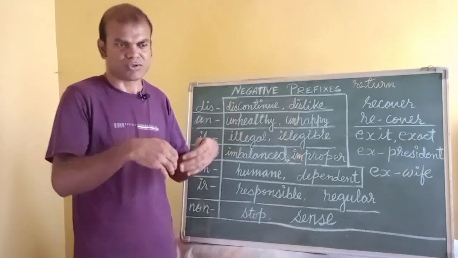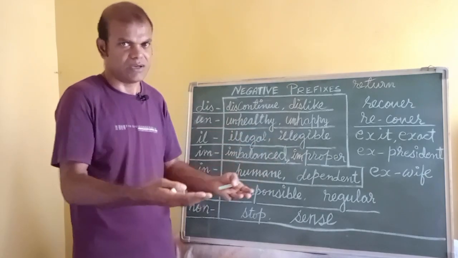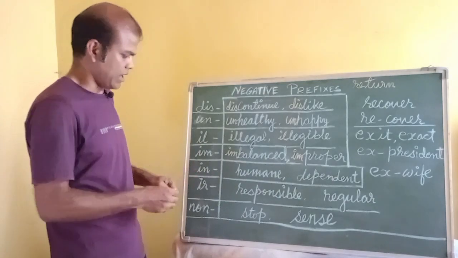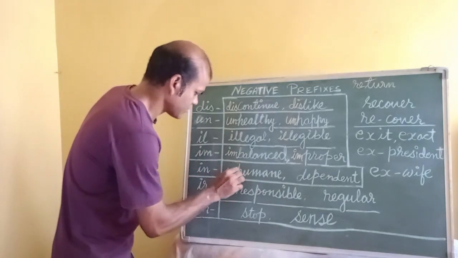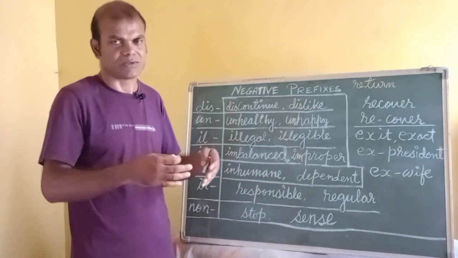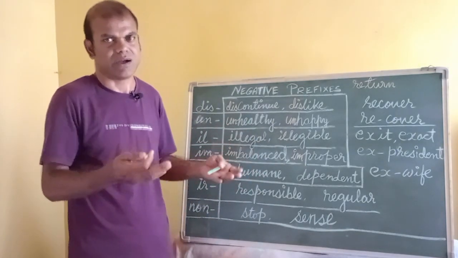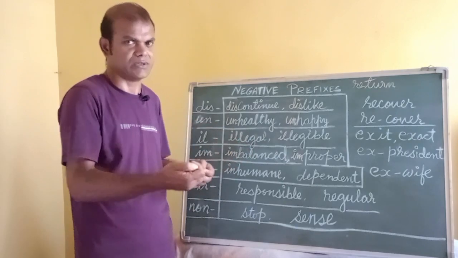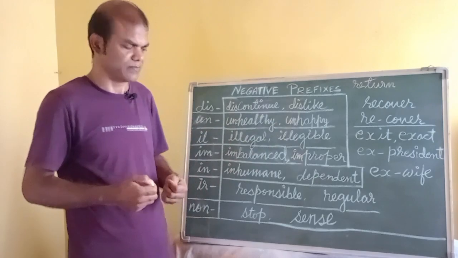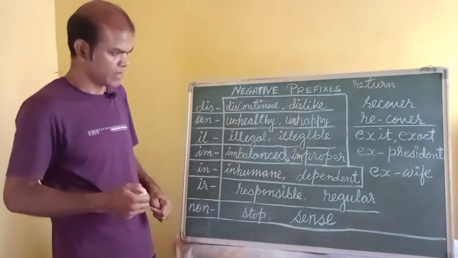The person who is showing that kindness towards them is known as humane. Okay, now we add in before it, we'll get inhumane. Now inhumane means the person is not showing kindness, he's behaving the opposite, he doesn't bother about that animal or the person whoever is suffering. That is inhumane.